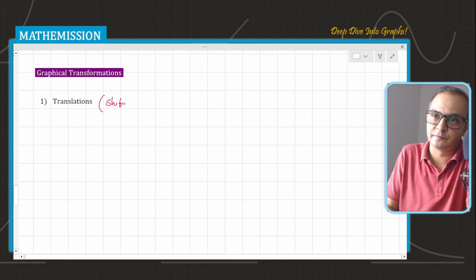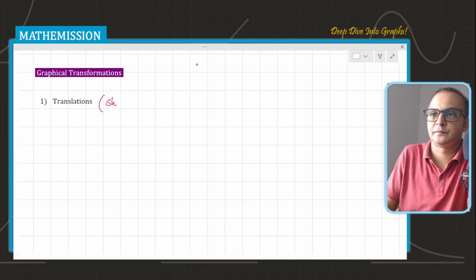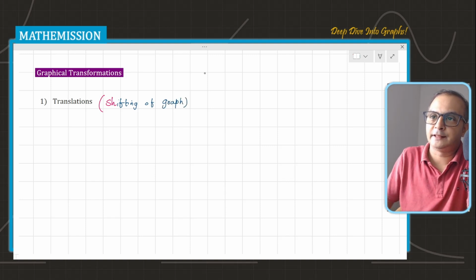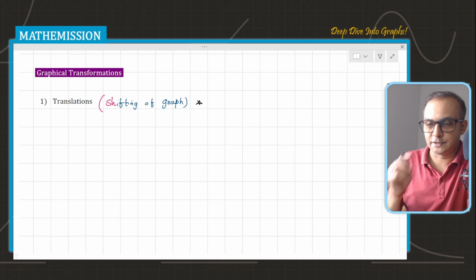Translation can also be said as shifting of the graph or graph of the function. Let us first understand the meaning.